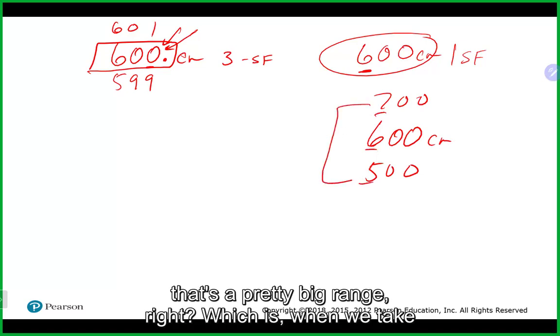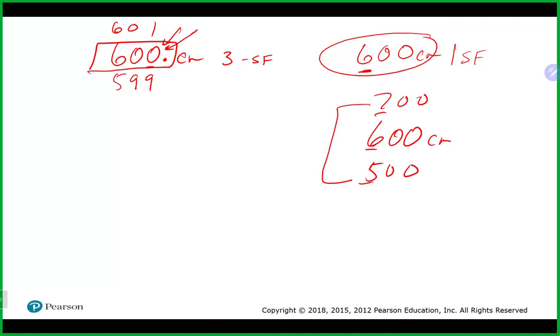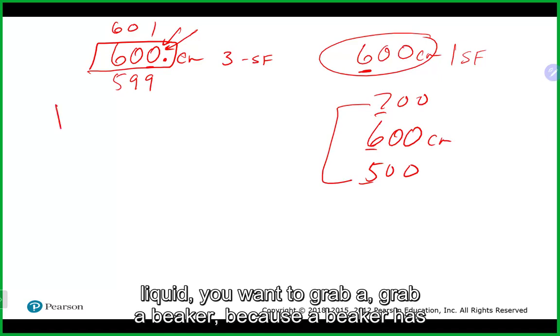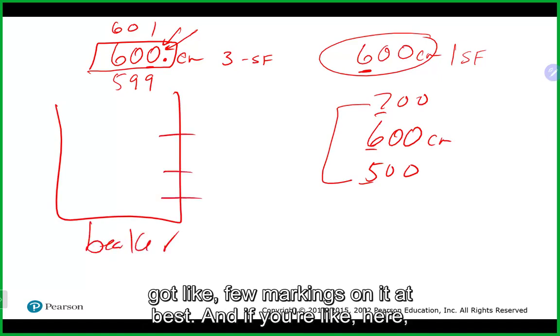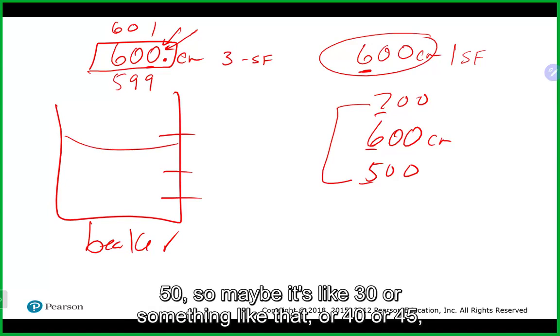And that's a pretty big range, right? When we take measurements, we usually don't want that much uncertainty. This is also why, if you're measuring out a liquid, you wouldn't grab a beaker, because a beaker has only a few markings on it at best. You look and think, I don't know, it's somewhere between 40 and 50, maybe 30 or 40 or 45.